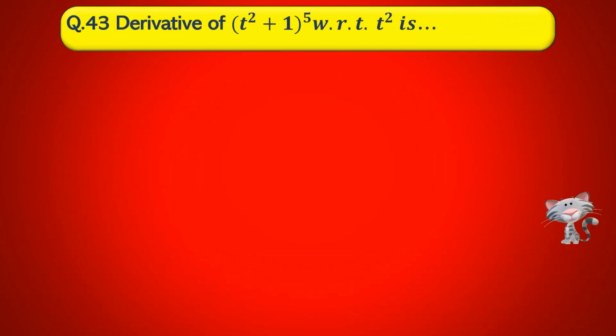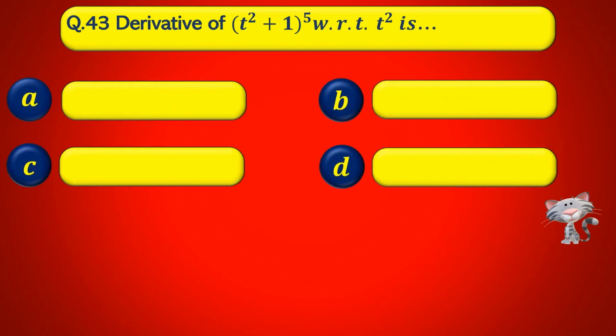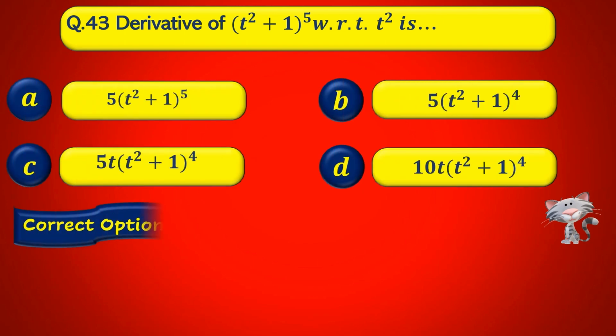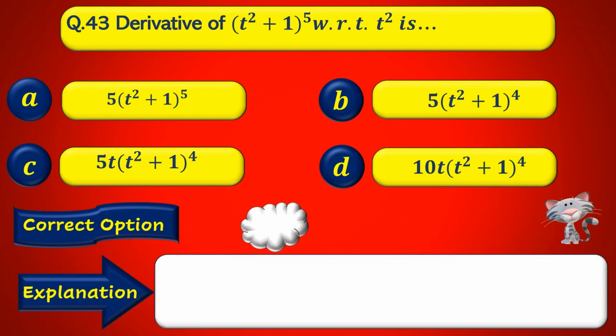Question number 43. The derivative of (t square plus 1) raised to power 5 with respect to t square is, and the options are, let's see which one is the correct option. We use the chain rule to evaluate this derivative.